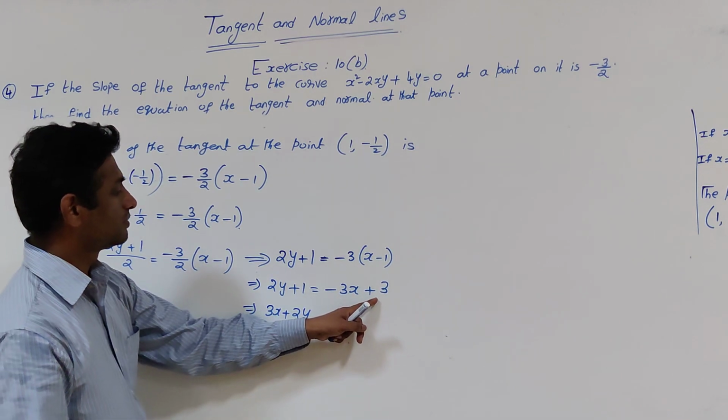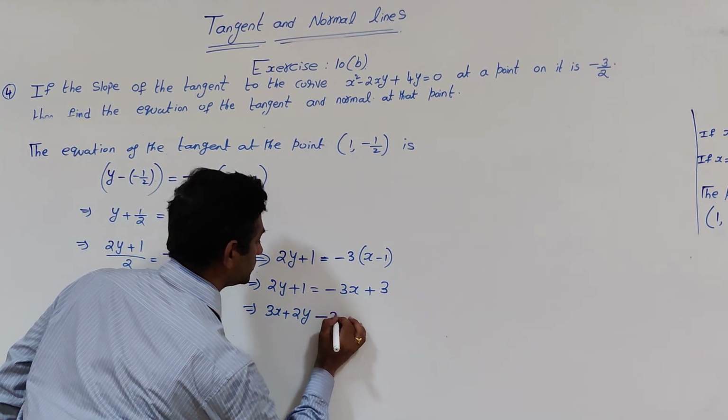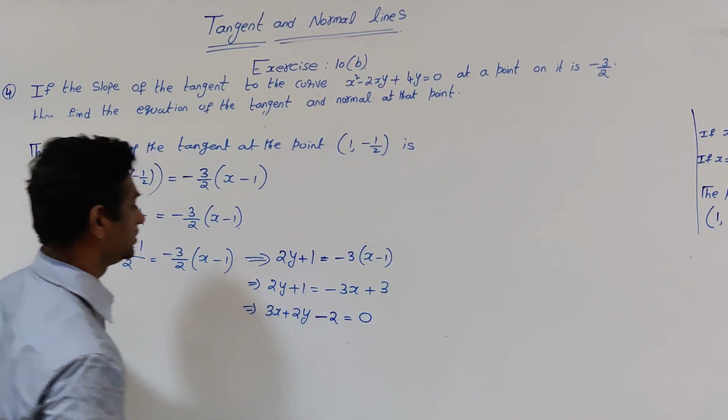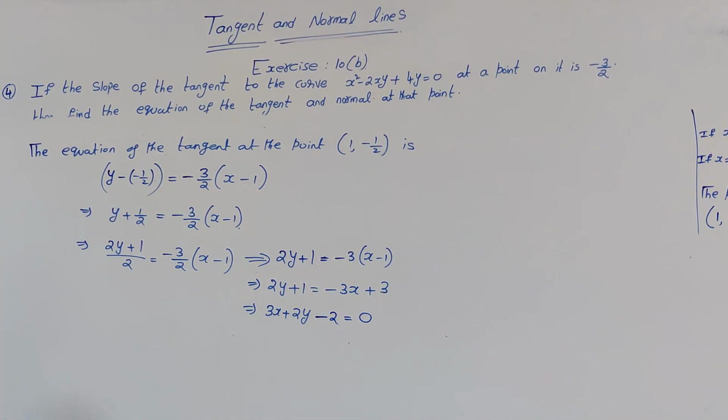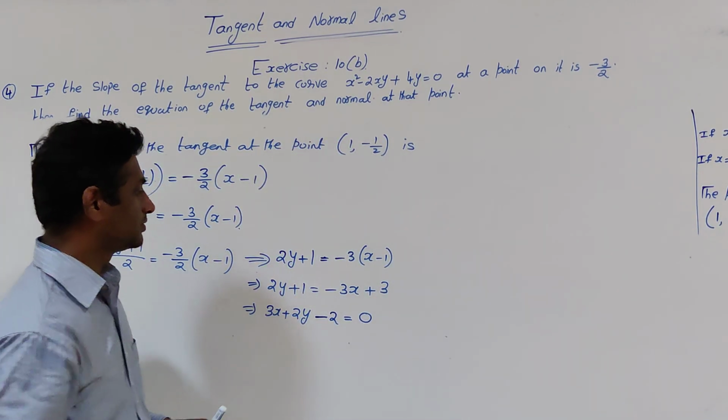I bring this 3 to the left-hand side, so it will be 3x + 2y - 2 = 0. So that is the equation of the tangent line at what point? (1, -1/2).